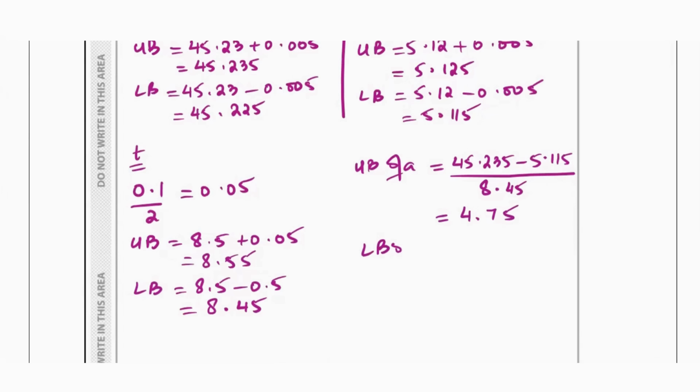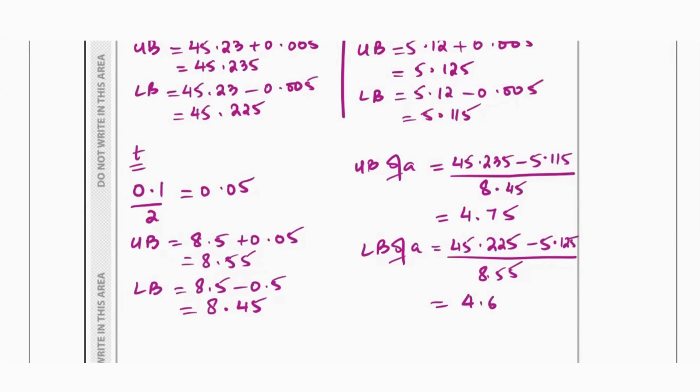Now for the lower bound of a, we do the lower bound of v, 45.225, minus the upper bound of u, 5.125, divided by the upper bound of t, which is 8.55.